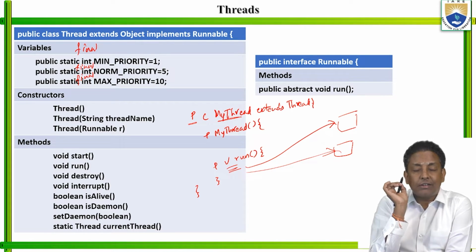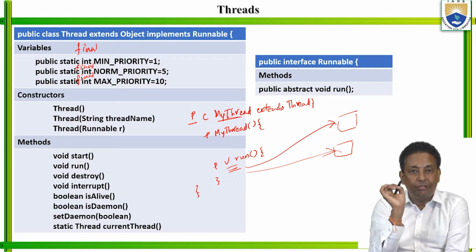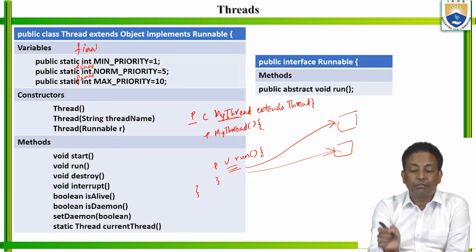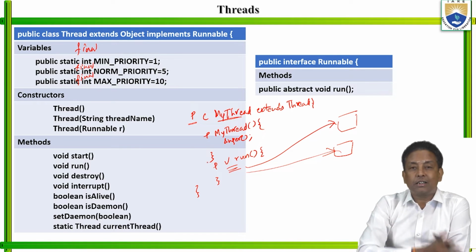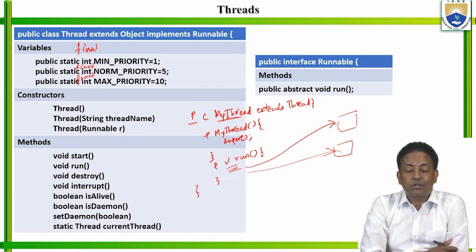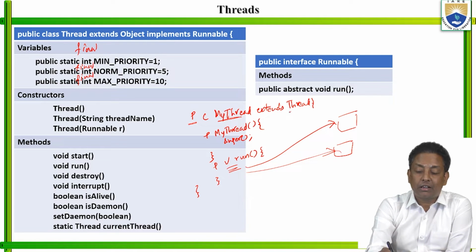And tell me, what is the first statement in every class constructor before doing some initializations? In every class constructor, the default statement is super(). That means calling the superclass constructor. What is the superclass of myThread? Thread class.